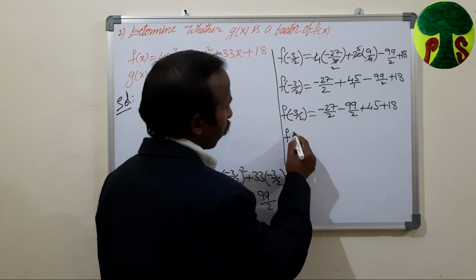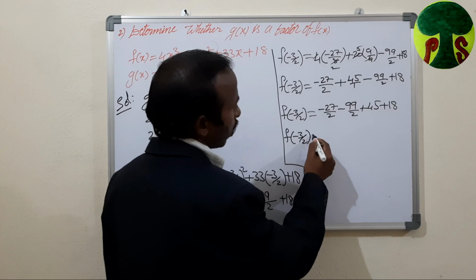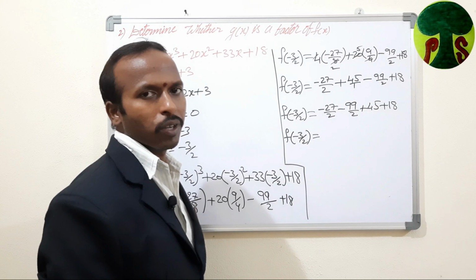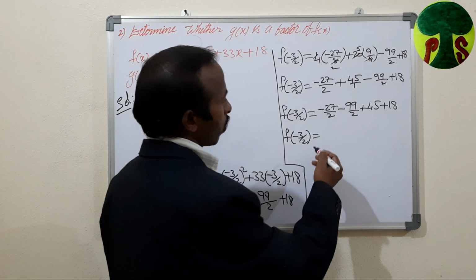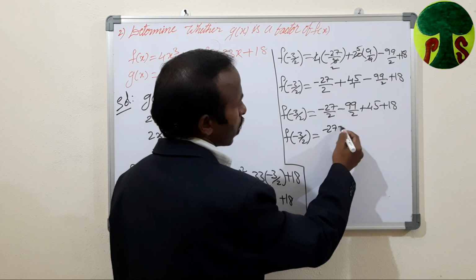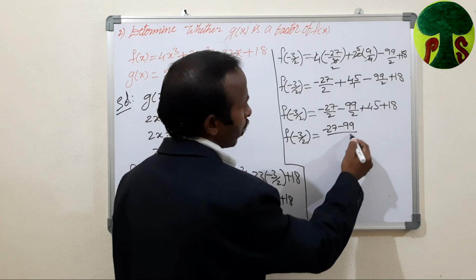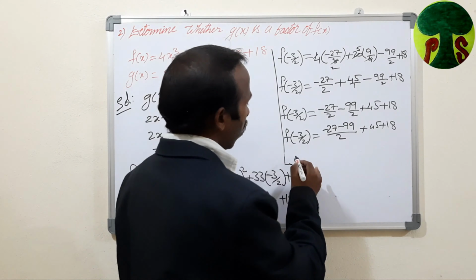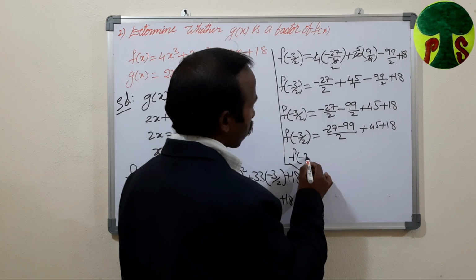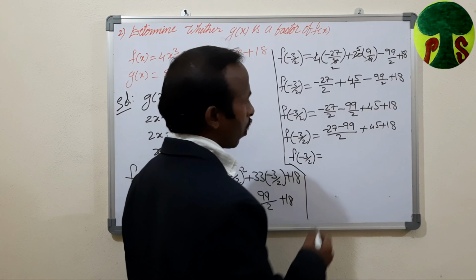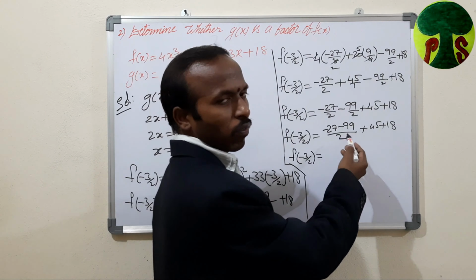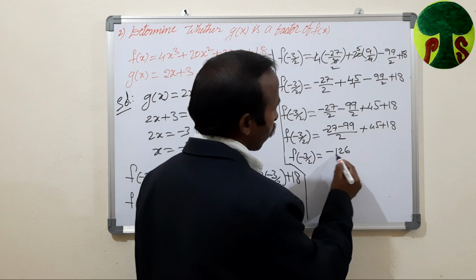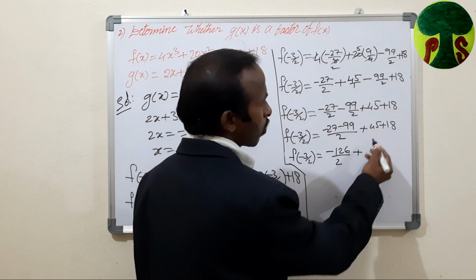Now denominators are same, then you can add the numerators, that is minus 27 minus 99 by 2 plus 45 plus 18. f of minus 3 by 2 is equal to minus 27 minus 99 is minus 126 by 2 plus 45 plus 18 is 63.